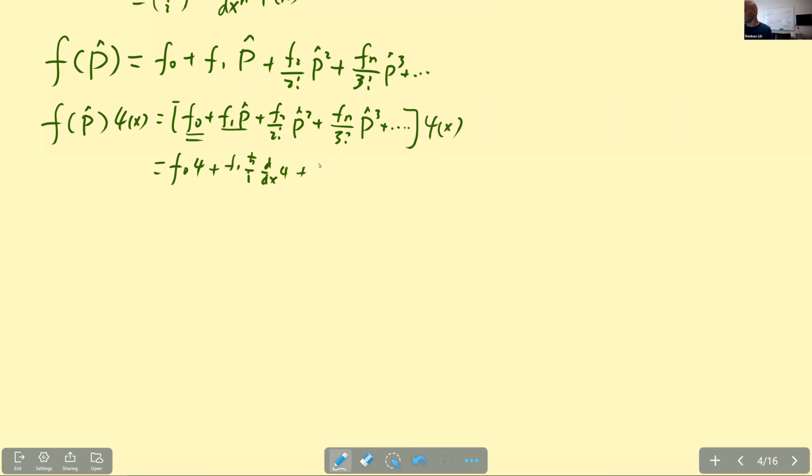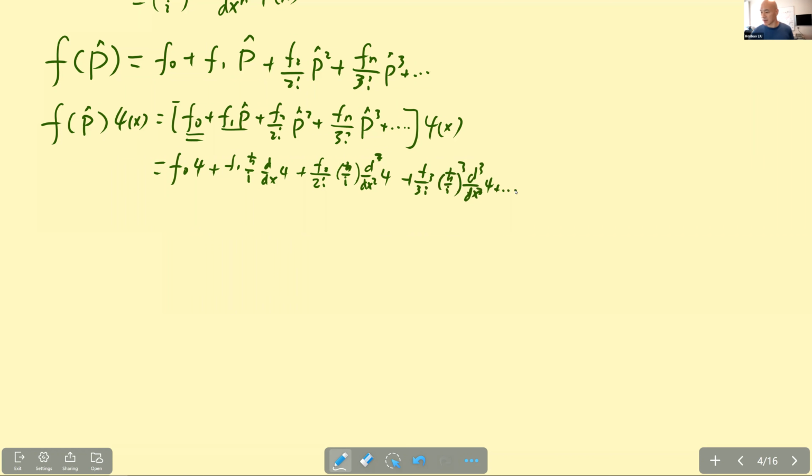And then the third term will be f2 over 2 factorial and h bar over i d over dx to the second order. And then you have the third order, f3 over 3 factorial and h bar over i cubed, and do the third order derivative on psi, and so on and so forth, right?